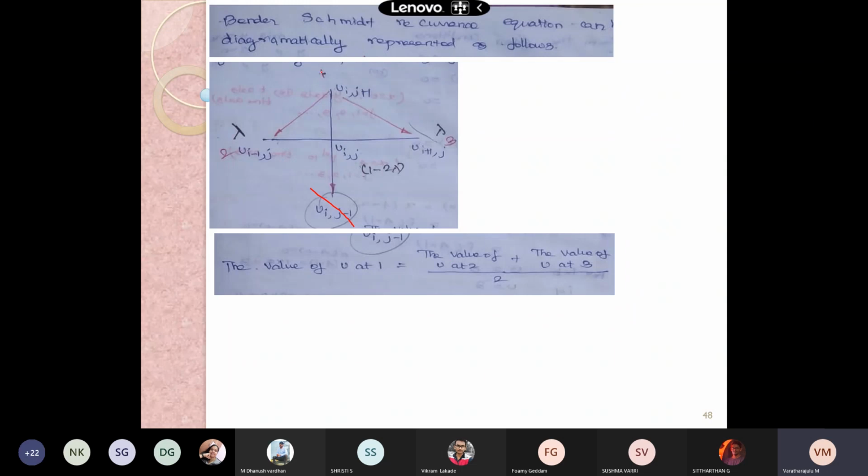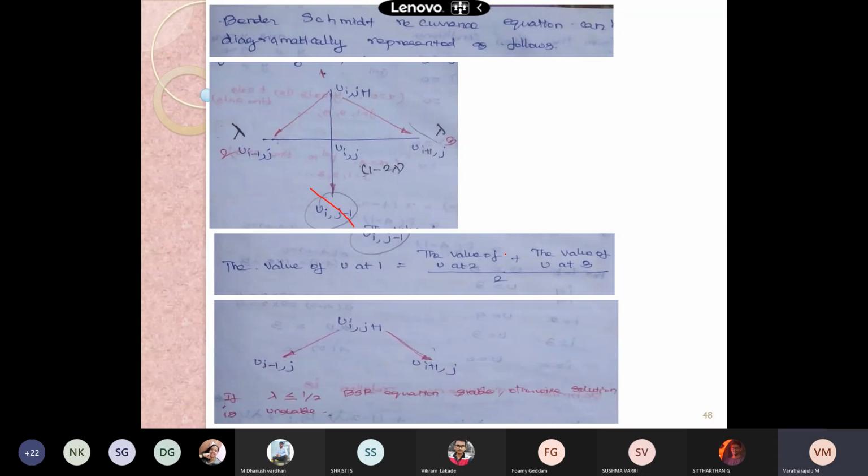By this way, the value of u at 1 can be calculated with an average of the value of u at 2 and the value at 3. So this is the Bender-Schmidt recurrence equation.